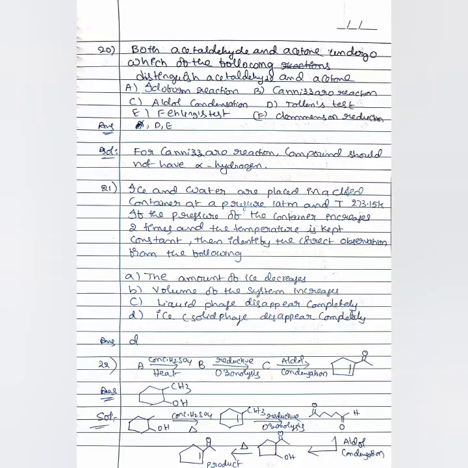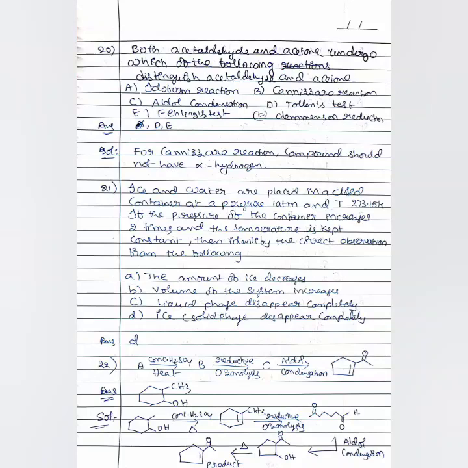Next one, ice and water are placed in a closed container at a pressure of 1 atmosphere and 273.15 Kelvin. If the pressure of the container increases 2 times and the temperature is kept constant, then identify the correct observation. By increasing the pressure 2 times with temperature kept constant, we can say that the solid phase, the ice, readily disappears.